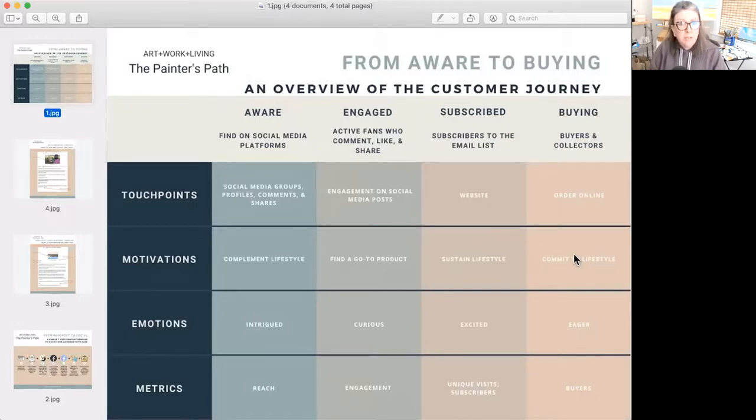Then becoming subscribers to your email list and interacting with you on your website. And from there, becoming buyers. That's the basic path, no matter what it is that you're selling when you're using a social media system and an online web platform. So let's dive in to the next stage.